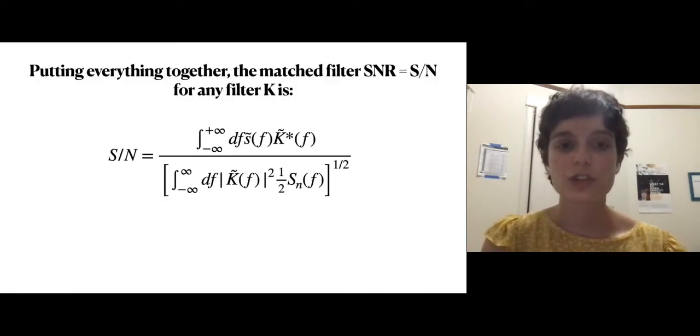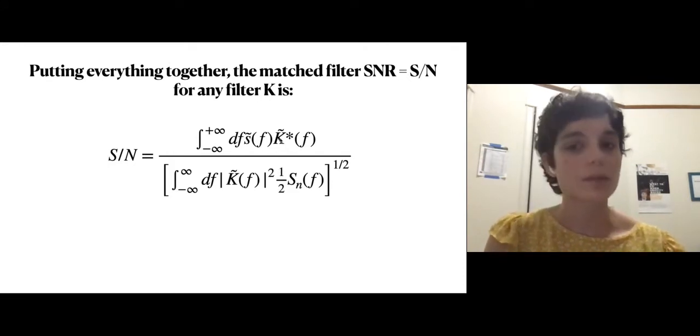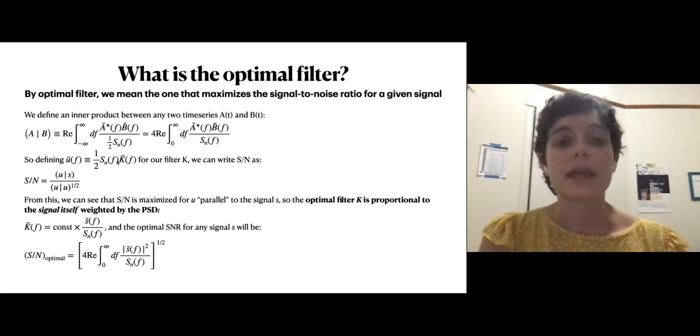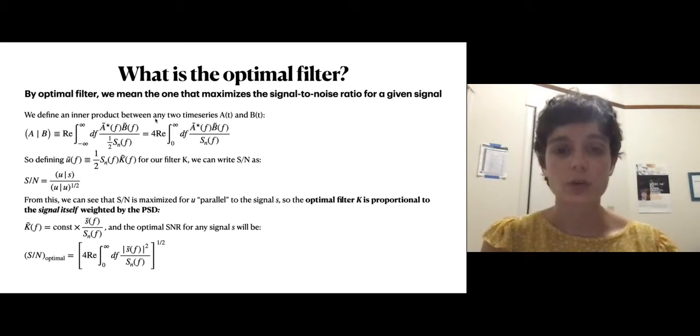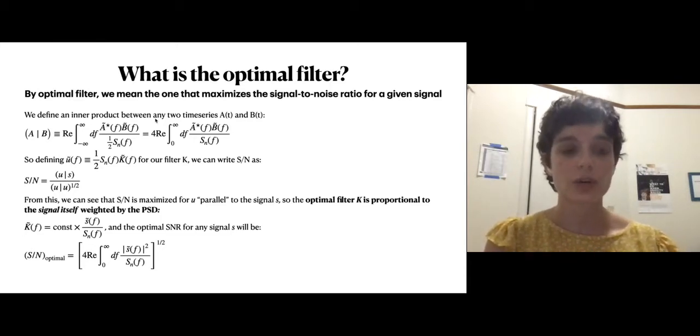Now the question we want to answer from this expression is: what template should we be using? What's the optimal signal to noise ratio? What's the maximum this SNR can be? And what filter or template can we use to give us that maximum signal to noise ratio?